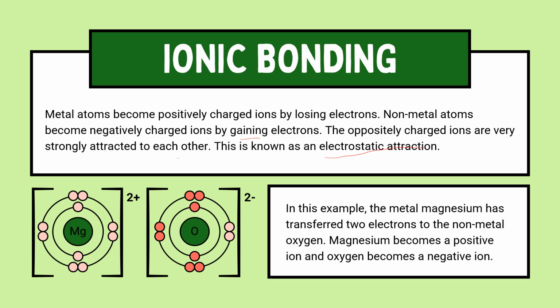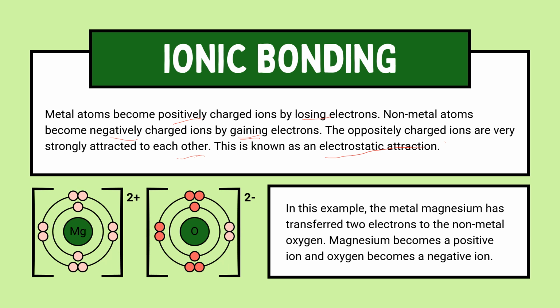So metal atoms become positive by losing, and non-metals become negative by gaining. So the oppositely charged ions are very strongly attracted to each other. This is electrostatic attraction. In this example, the metal magnesium has transferred two electrons to the non-metal oxygen.